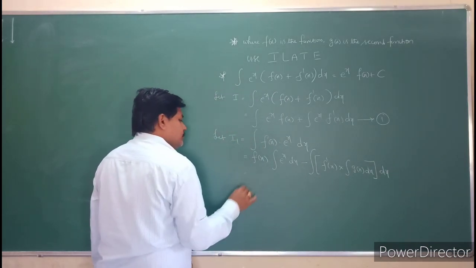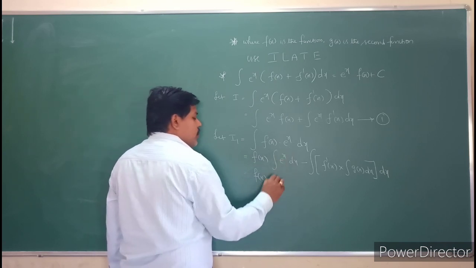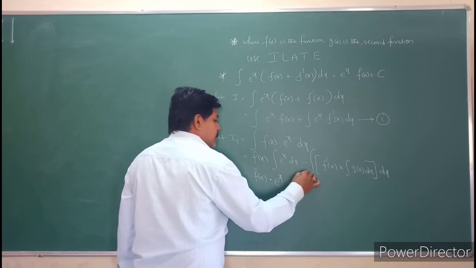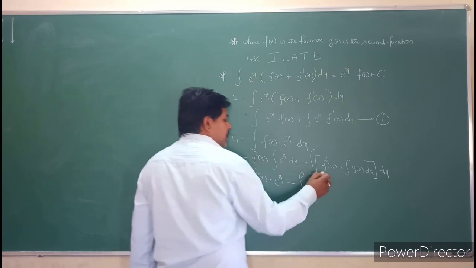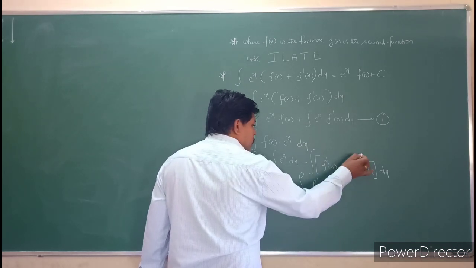So that is equal to f of x into integral of e power x, which is e power x, minus integral of f dash of x into g of x.